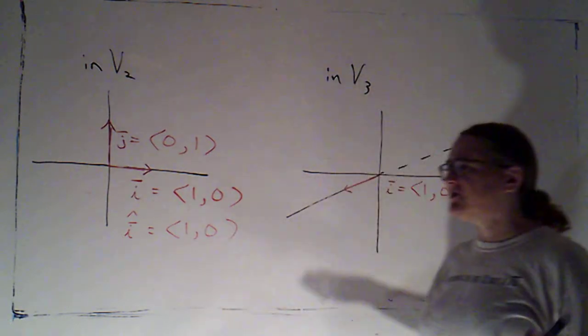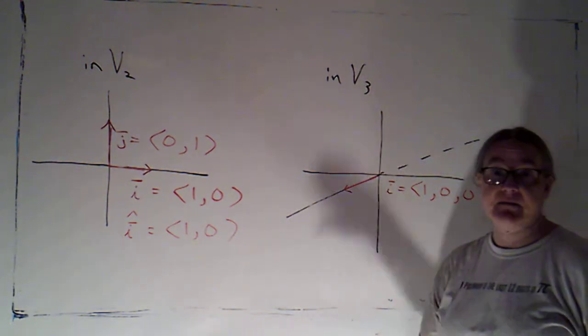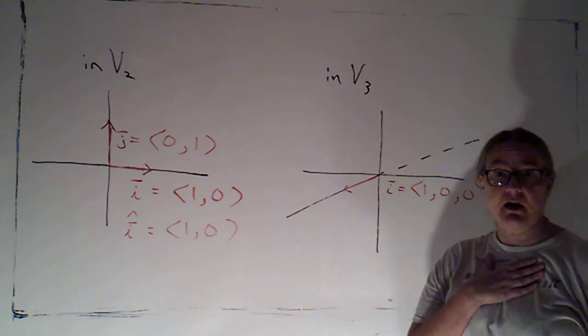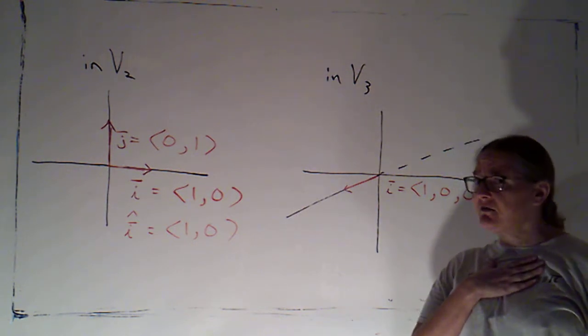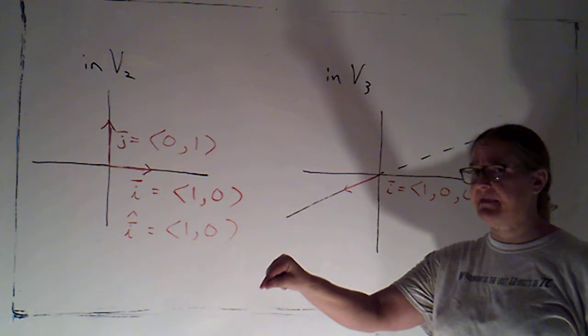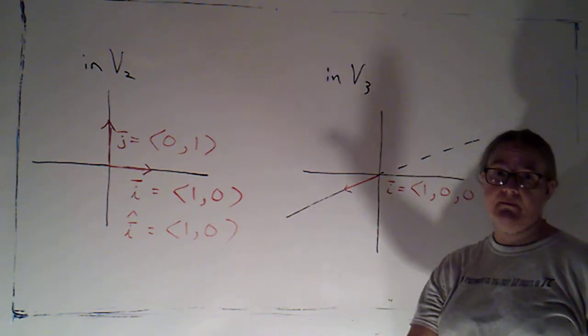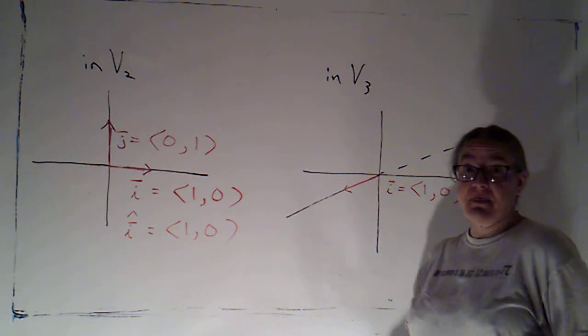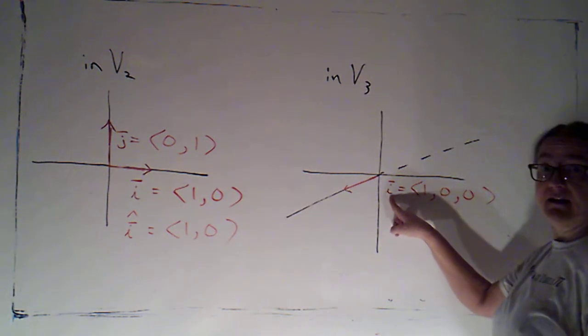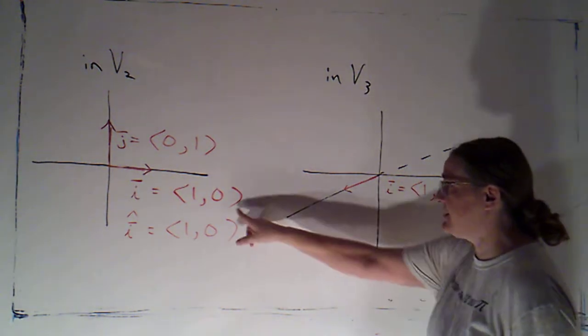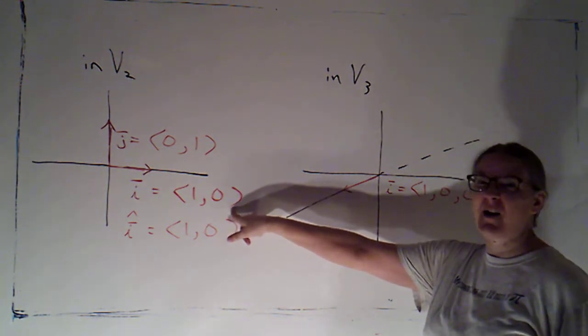It's just like if you've ever met somebody who had the same name as you. I've met other people named Carla. I never got confused and thought I was them. I always knew I was me. We just happened to have the same name. So if you're doing a problem in 3 space and you write i, you have no reason to get confused and think that you're talking about the other i because you're not working in 2 space.